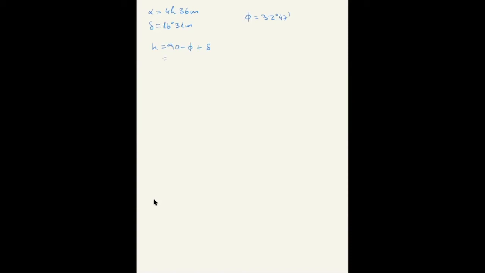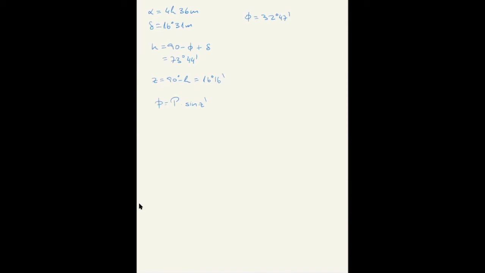This gives you an altitude of 73 degrees and 44 minutes for the moon. So the geocentric zenith distance Z is equal to 90 minus H, which is 16 degrees and 16 minutes.